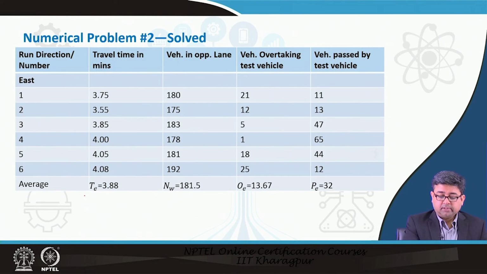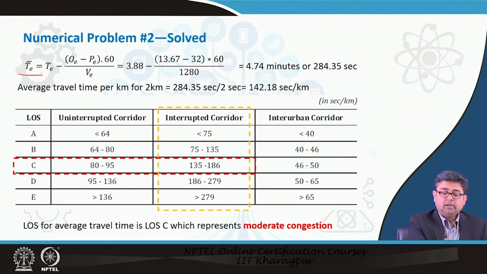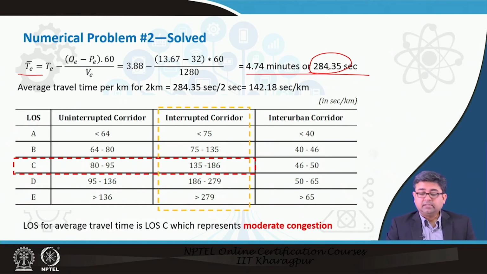All you have to do is develop an average of each of these, right, and then using the formula that was given to you earlier, you put it in the formula to determine the average travel time, and you get the average travel time as 4.74 minutes or 284 seconds.